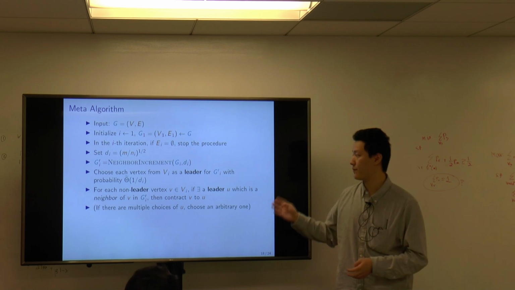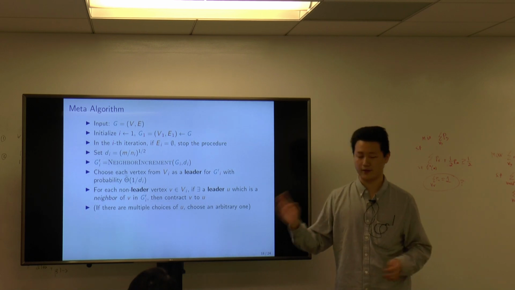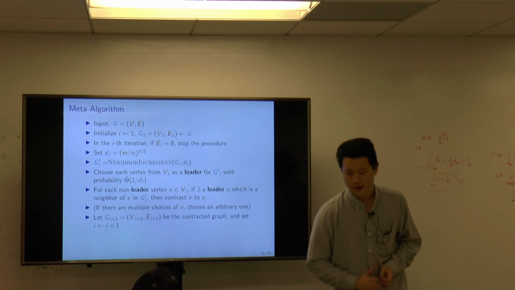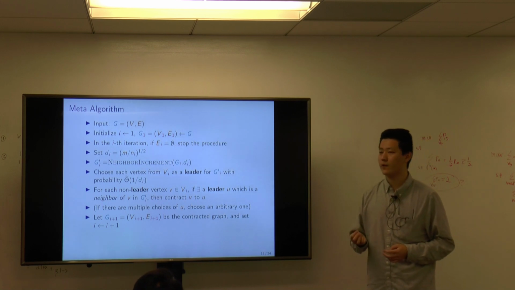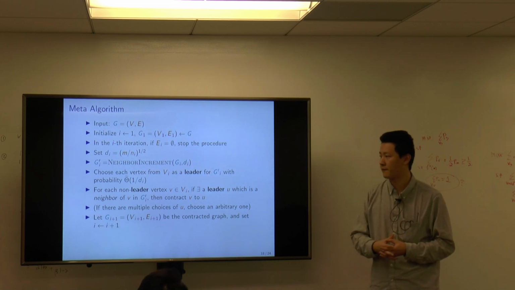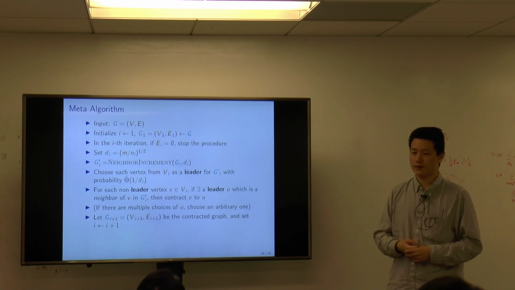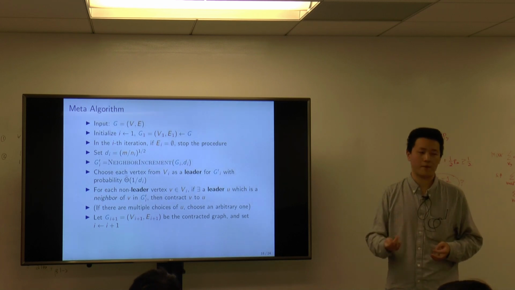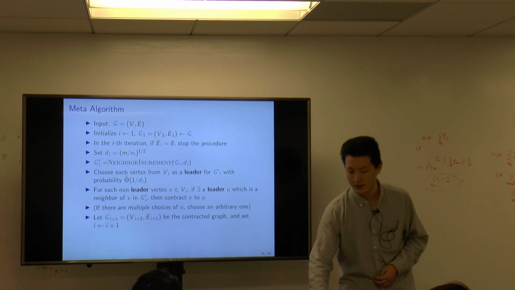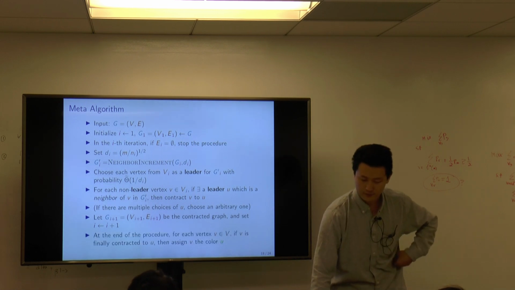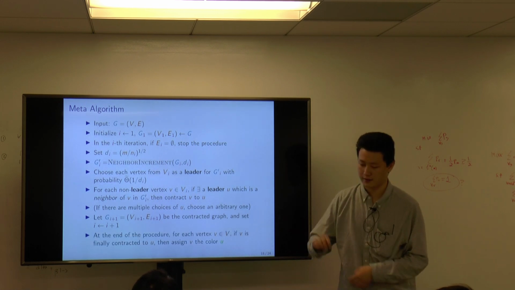And as I mentioned before, if there are multiple choices, then you can just choose an arbitrary one. And then we let Gi plus 1 be the contracted graph. And then we can repeat the previous procedure until each single connected component is contracted to a single vertex. Then we can recover each vertex.